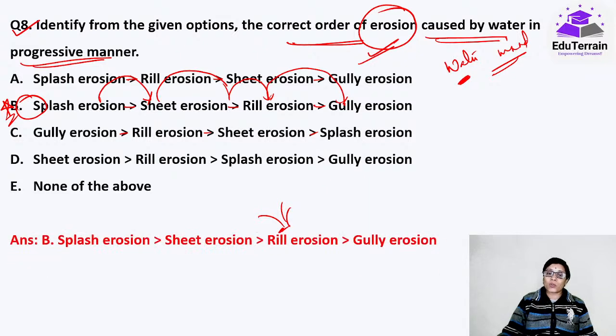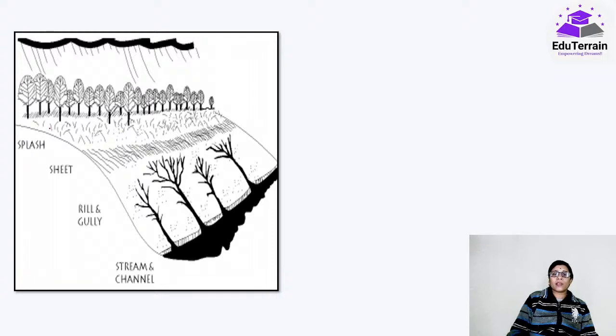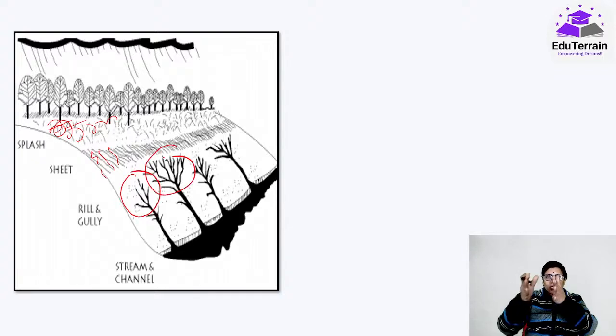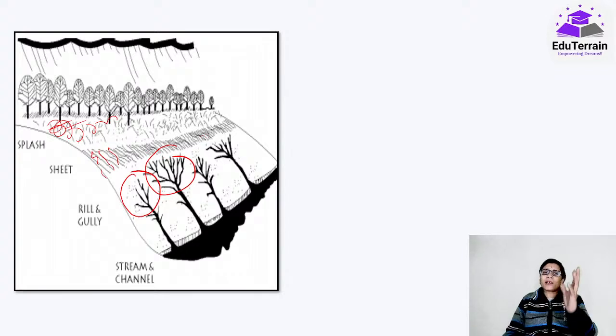Very important, this one. As you can see here, there is no vegetation, so what happened? From the splash all the soil got loosened and slowly sheet erosion occurs, and that leads to rills. As you can see, finger-like structures slowly form because of the continuous movement of water that carries off the entire soil with it, and that will lead to big gullies.